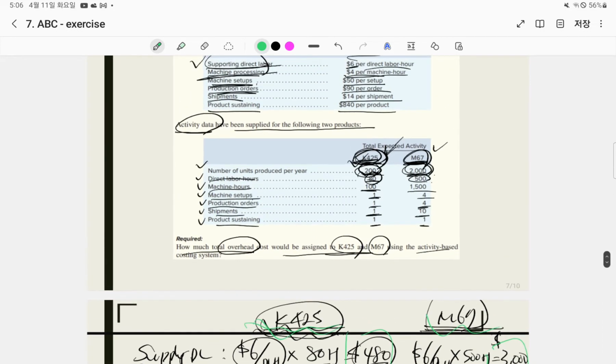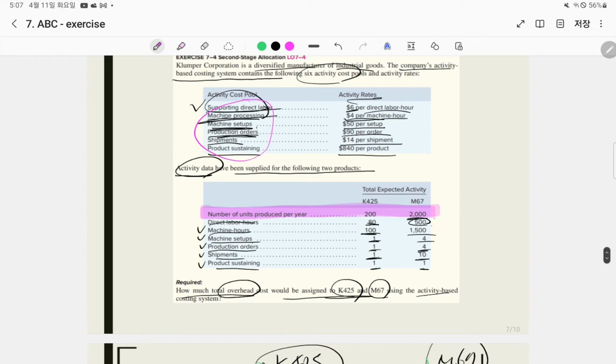And please note that we did not utilize this information, number of units produced per year. Why?